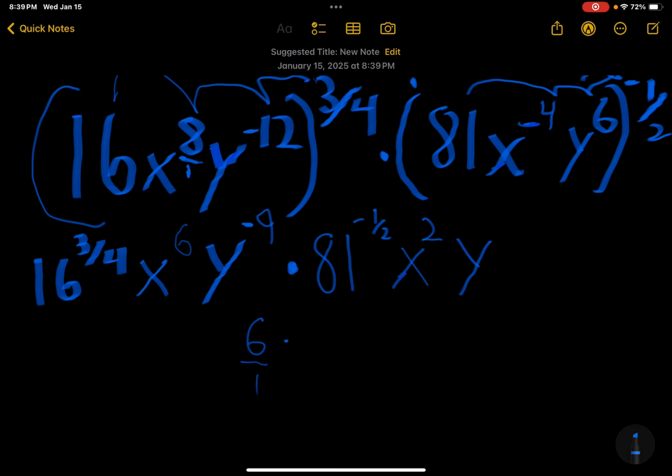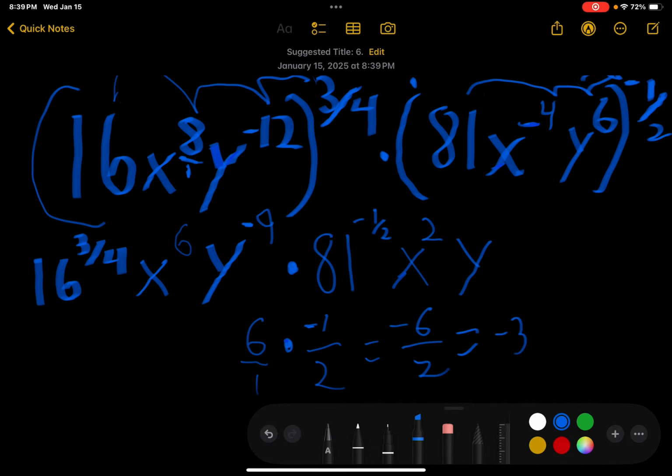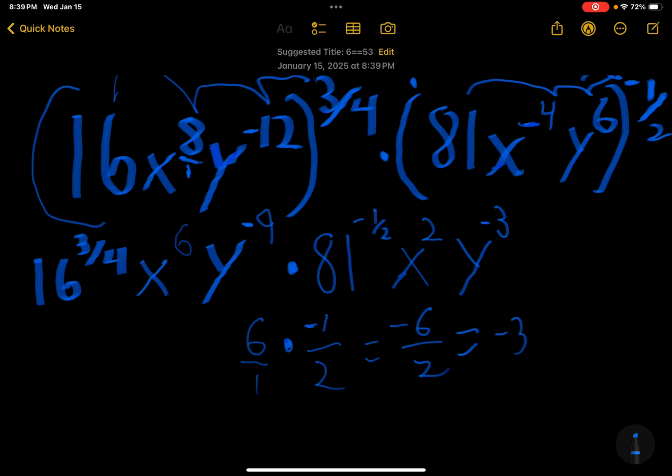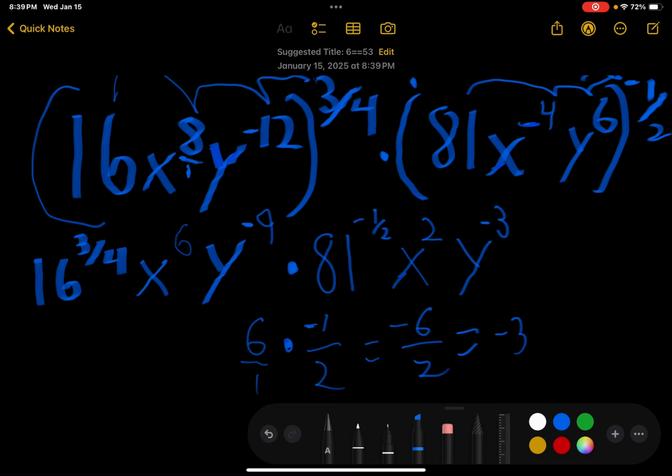You can always put the 1 in the denominator if it's not a fraction at all. 6 over 1 times negative 1/2. 6 times negative 1 is negative 6. 2 times 1 is 2. Negative 6 divided by 2 is negative 3. Put the negative 3 up there before I forget.